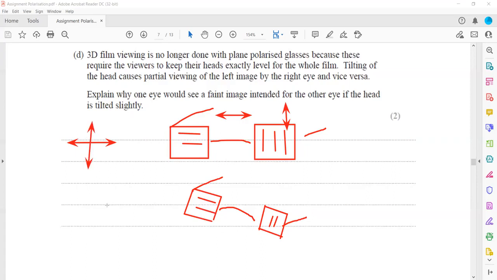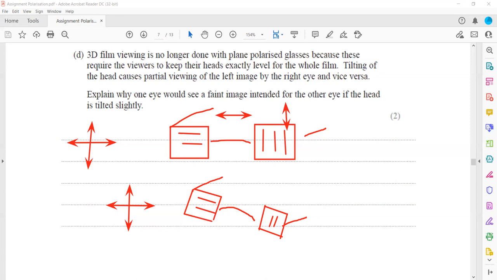But here, light is coming with the same vibration, but the plane of the filter is not exactly parallel to the horizontal or vertical component. As a result, a small component of the light is able to pass through.